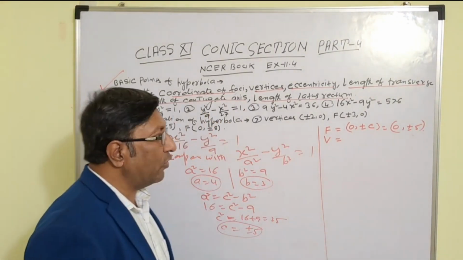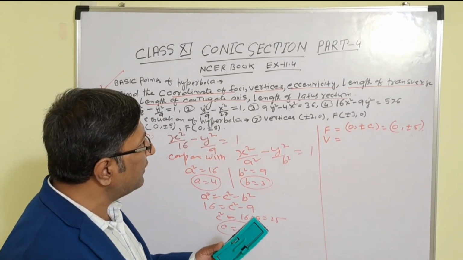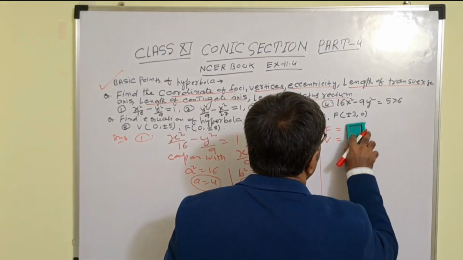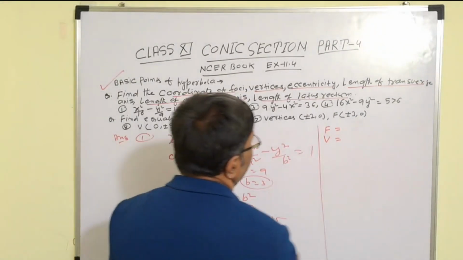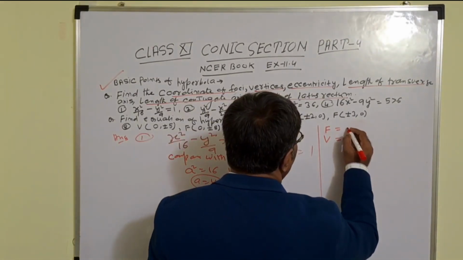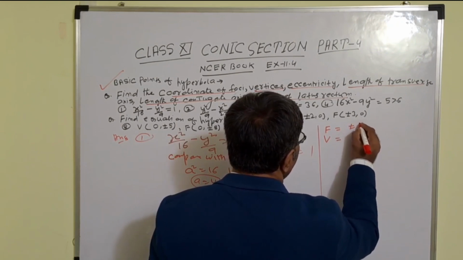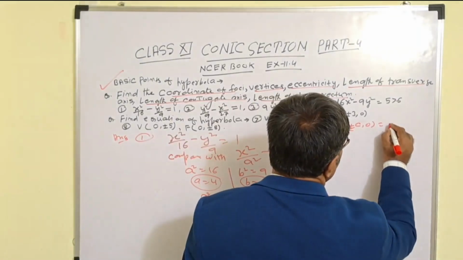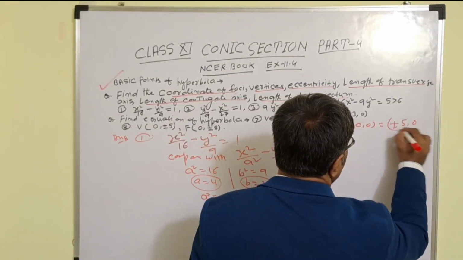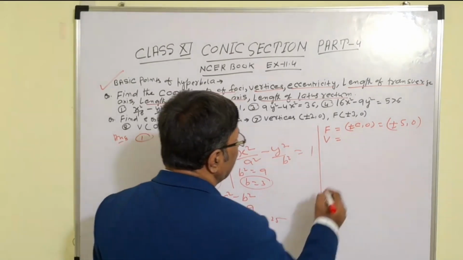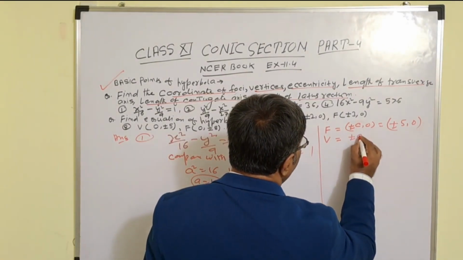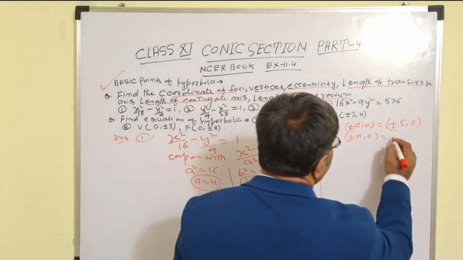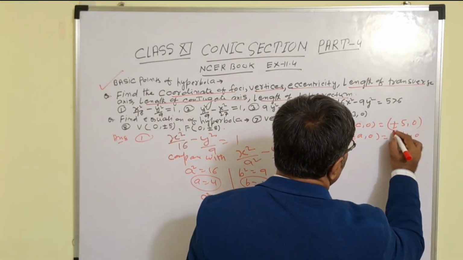Again, the vertices are on the x-axis, so the y coordinate will be 0. The vertices are plus minus a, 0, where a is 4, so this is plus minus 4, 0.